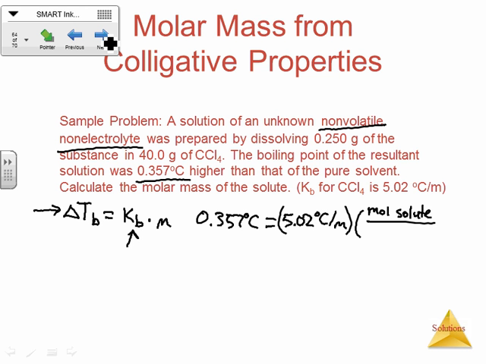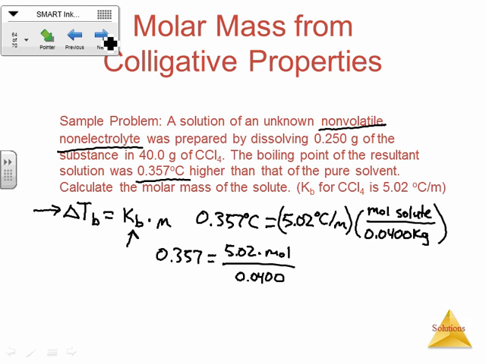So we need to change that to kilograms. That's going to be 0.0400 kilograms. Okay? And then we should be able to solve this thing. Okay, so what we basically have here is, if I rewrite this a little bit, 0.357 is equal to 5.02 times moles over 0.0400.